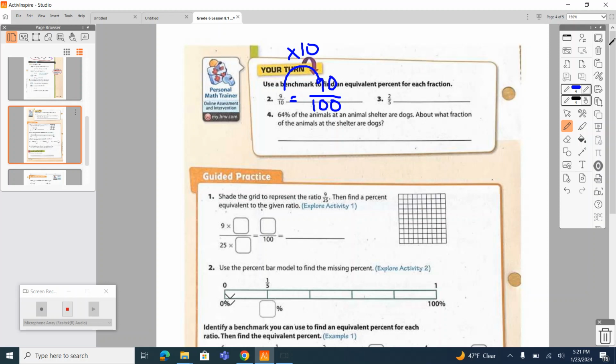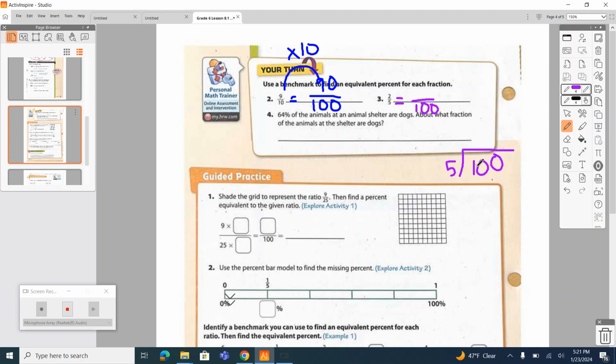For the next one, 2/5, I can think about it over 100. 5 times some number is 100. If I'm not sure what that is, I can work it backwards and I can say 100 divided by 5. 5 does not go into 1.